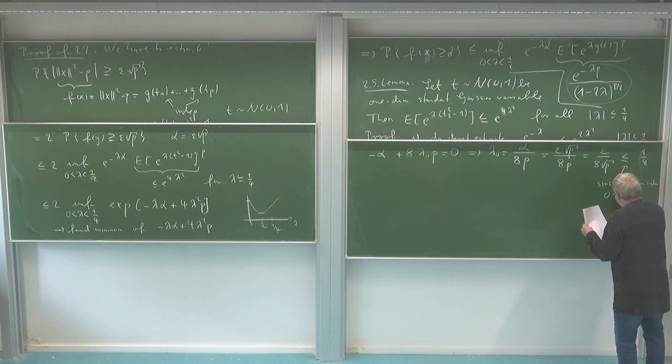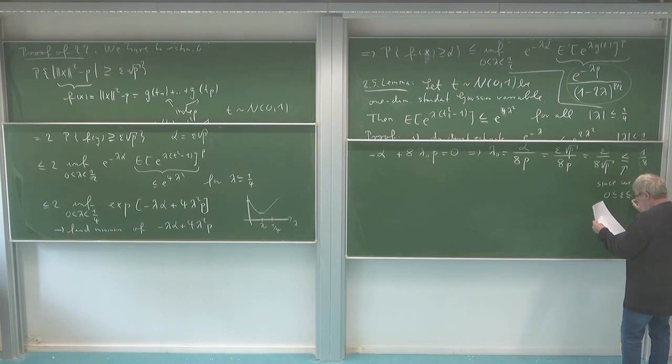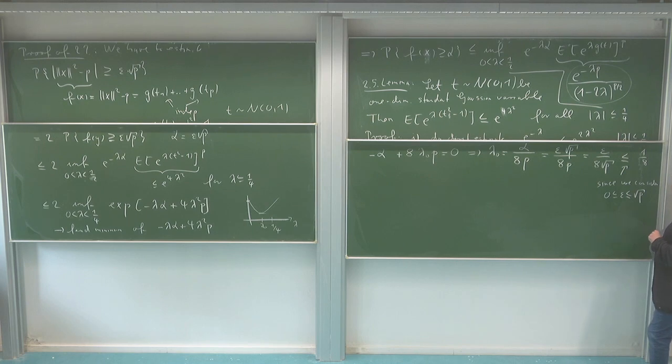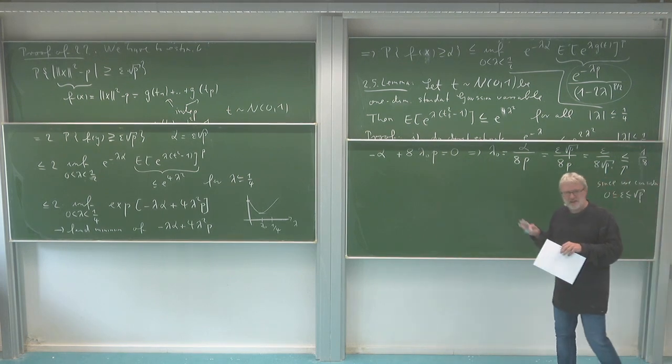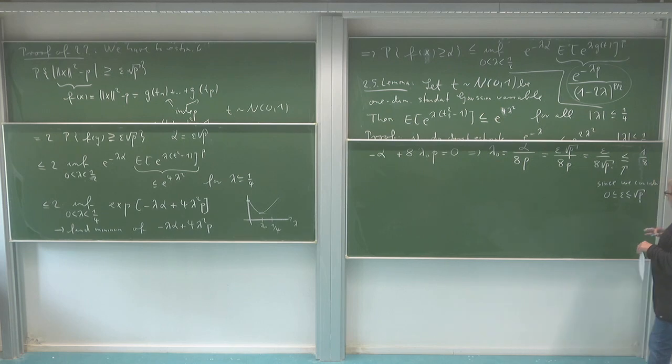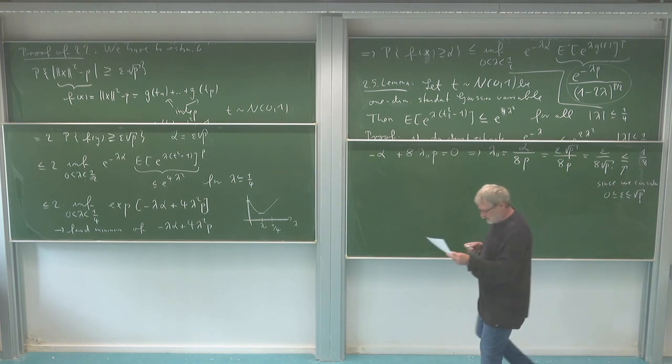Our condition was that epsilon is between 0 and the square root of p, so epsilon divided by the square root of p is less than 1. This really is in a domain where everything fits if we take epsilon of this size. So epsilon should not be of the order p or something like this.